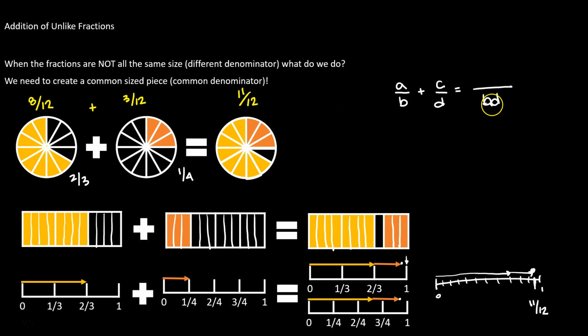So you would multiply your denominators, and then not only would you multiply your denominators, but you would need to multiply the opposite denominator to each numerator.